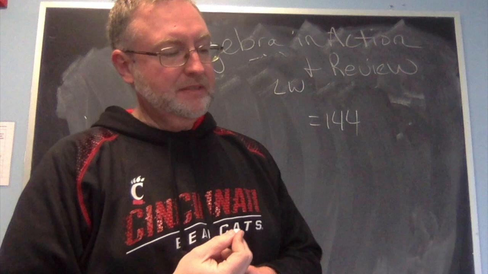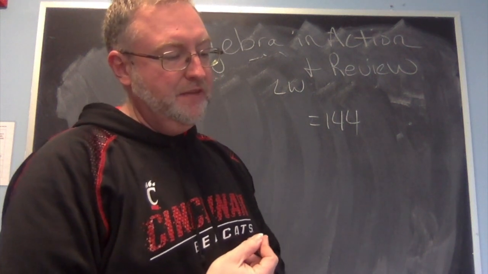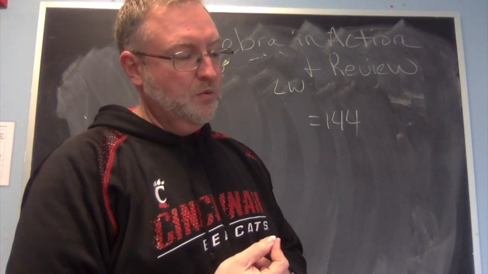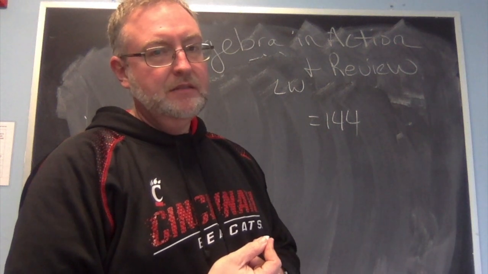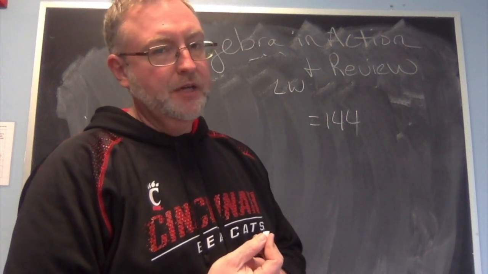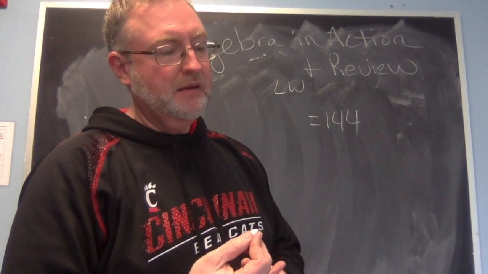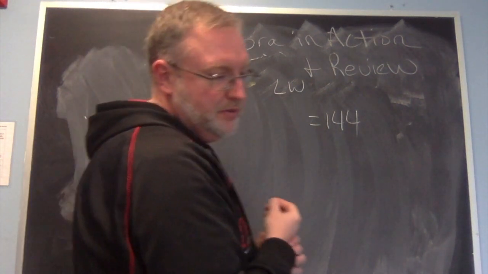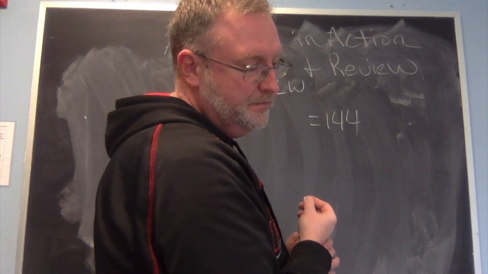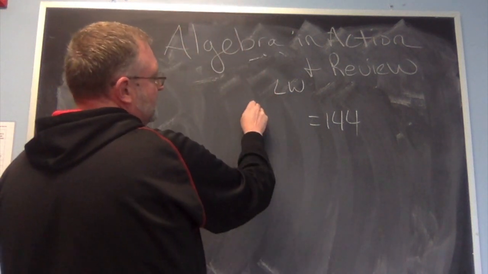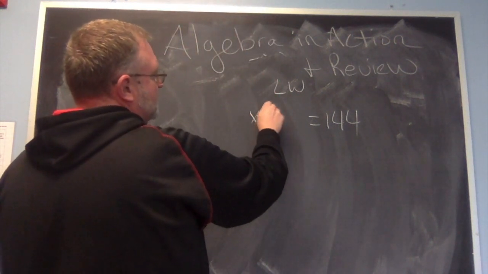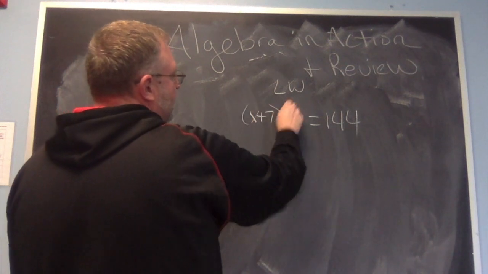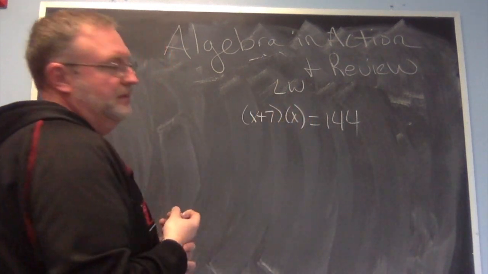In this problem, it says that a rectangle is 7 feet longer than it is wide. So how wide is it? We don't know, but we know the length is 7 feet more than that. So the length is x plus 7, and the width is x.